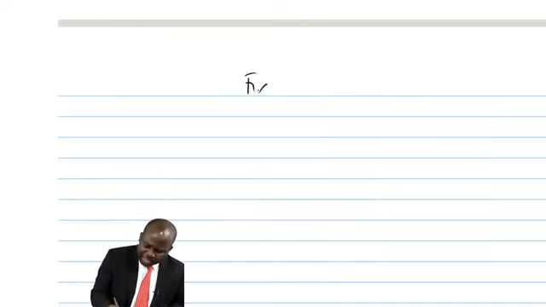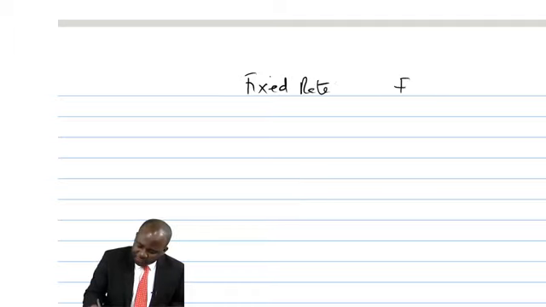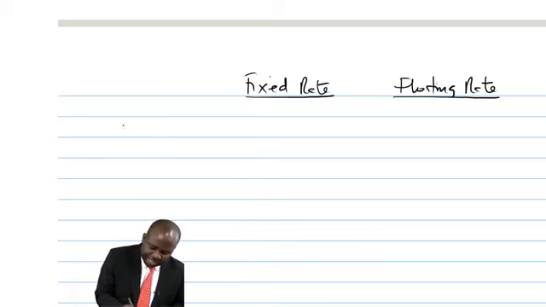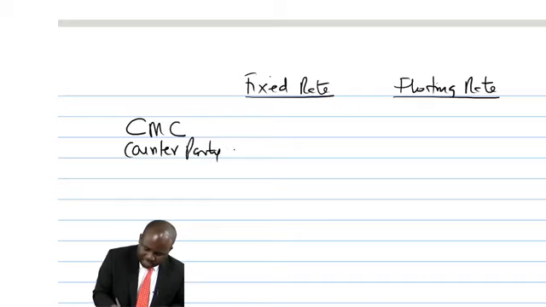I will say that we have the fixed rate and we have the floating rate, which is the variable rate. Okay, what do we have? This is our company CMC, and then there is a counterparty, let me write CP.